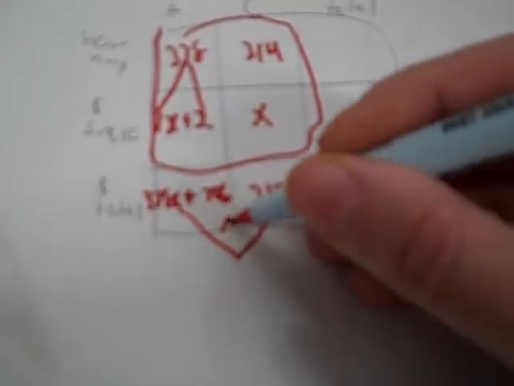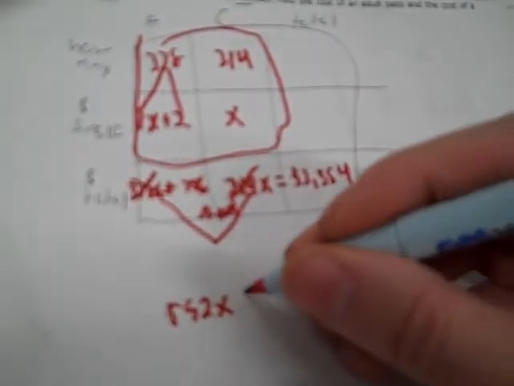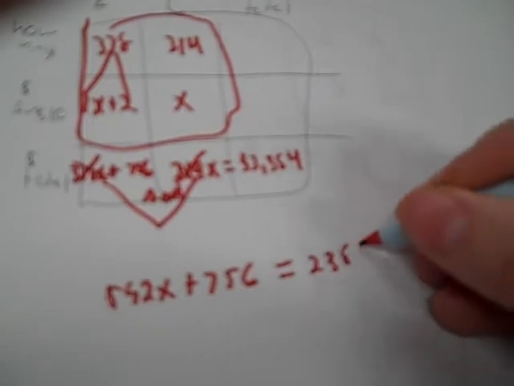times 2, okay? So that's 756. So write equals. And you have 2 X's. They're on the same side of the equals. So we draw our adding pyramid. And I take 378 plus 214. And that's 592 with X. Cross those out, but before you have equals, you got to add 756 and then equals 2384.